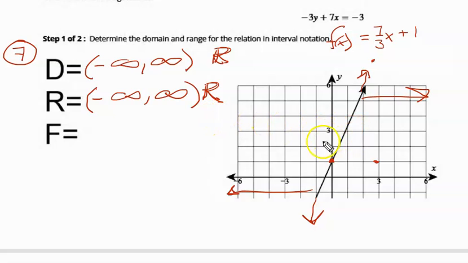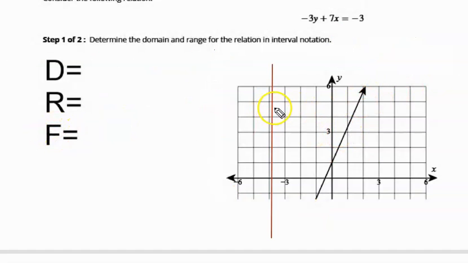Now, does this equation and this graph represent a function? Does it pass the vertical line test? Again, as we pass this imaginary red line over the graph, it only intersects in one place. So yes, all positive slope graphs, linear graphs, are functions.